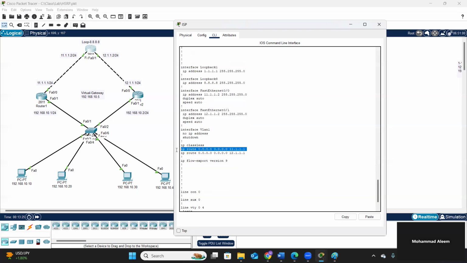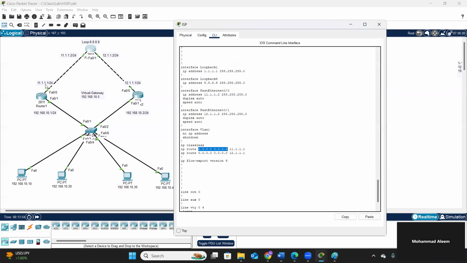We configure the default route in configuration mode like this. Why do we configure a default route? Because we need reachability from the host to Google. We don't know the destination IP address, that is the reason I have configured 0.0.0.0, and the next hop IP address is 11.1.1.2.